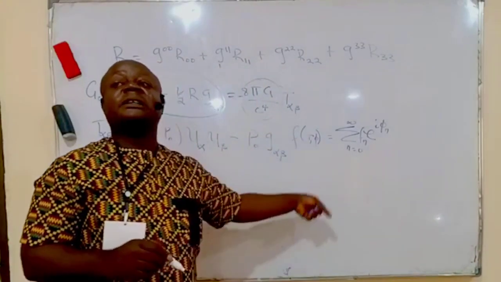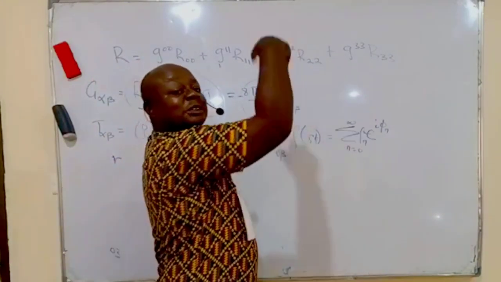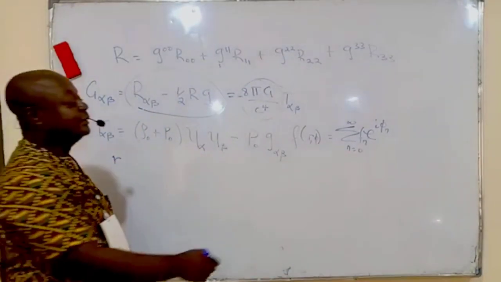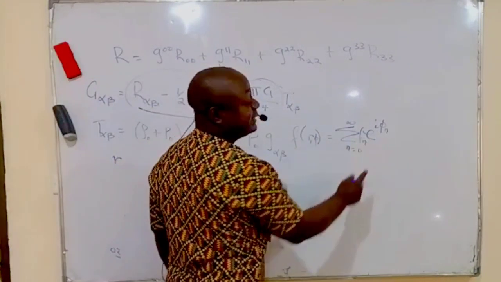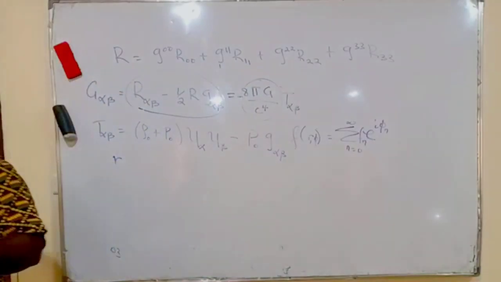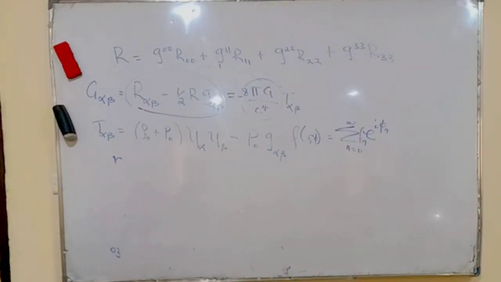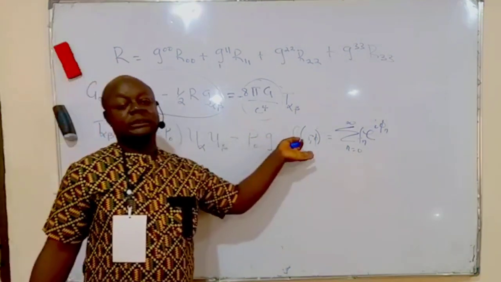Then you differentiate it and substitute into your field equation, and then try to get some coefficients and appreciate how the coefficients behave. So this is another approach of solving it.